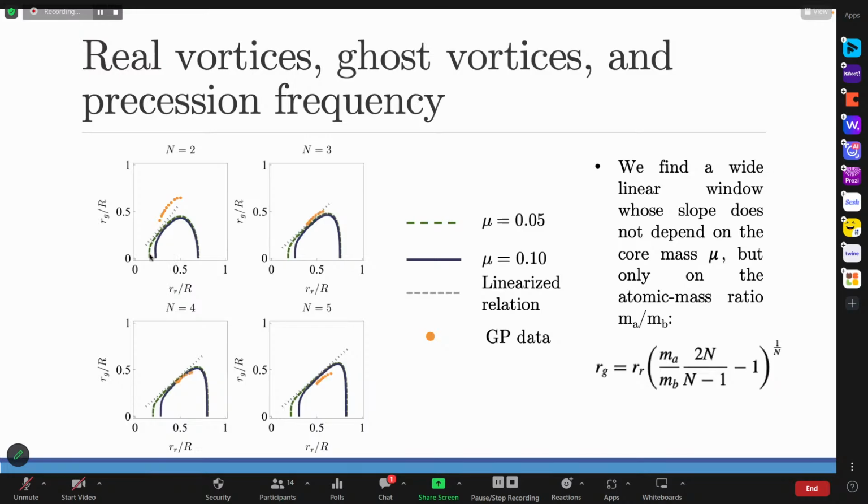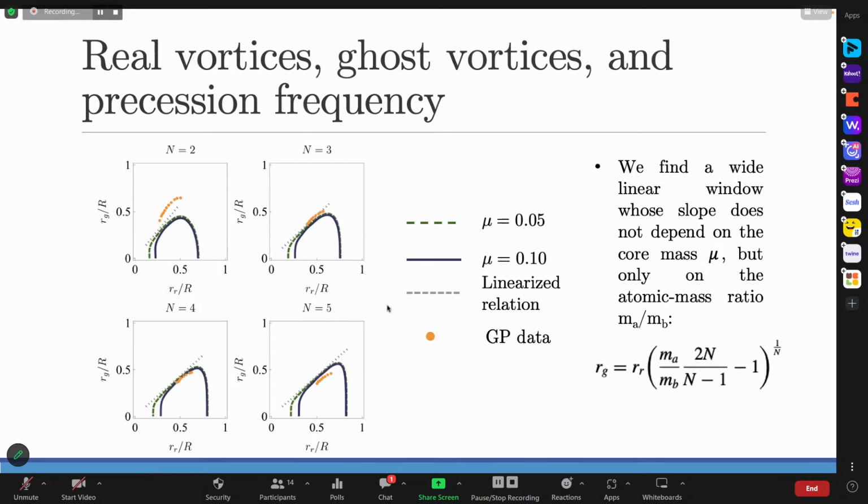By tuning omega, we draw these curves, which are obtained in an analytical fashion. And we find a wide linear window whose slope does not depend on the core mass, but only on the atomic mass ratio. This is the equation of this linear segment. And so we have found analytically a relation between RG and RR for different masses.